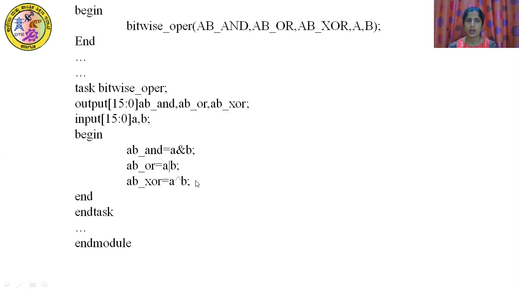So here we are going to pass multiple values from the task to the task invocation statement. So task ends with the keyword end followed by endtask. And module ends with the keyword endmodule.